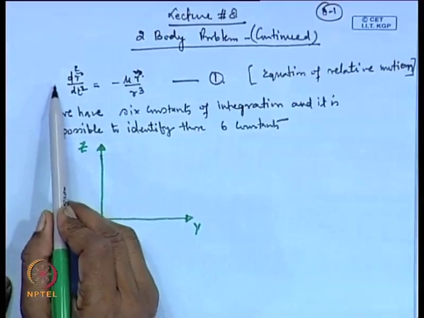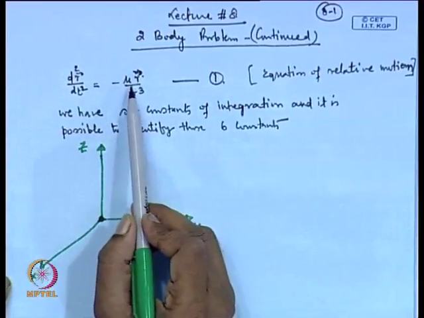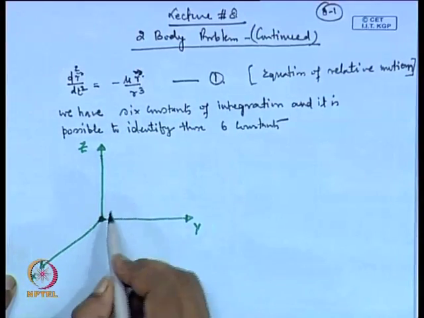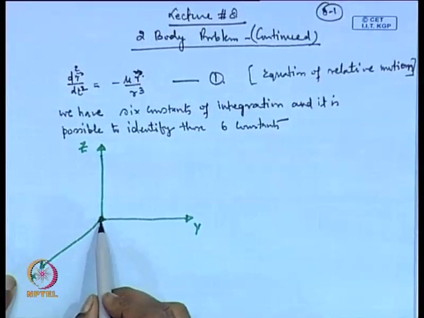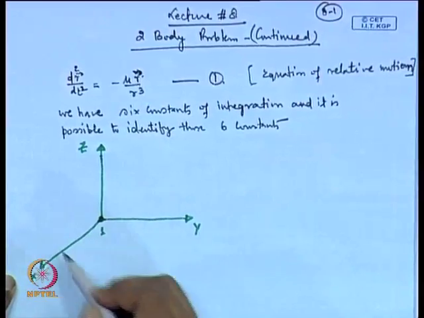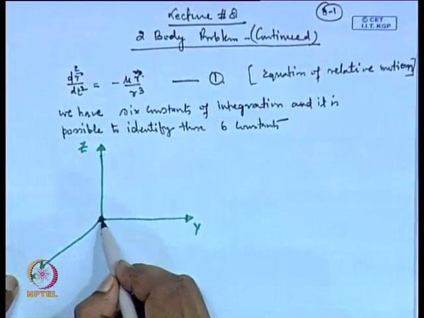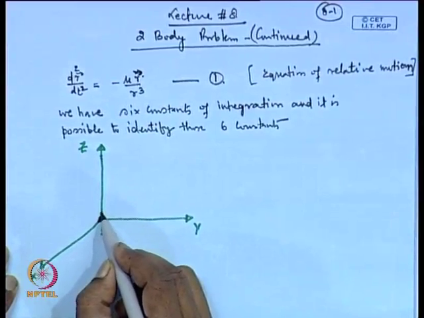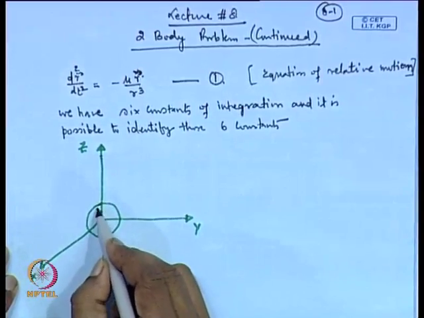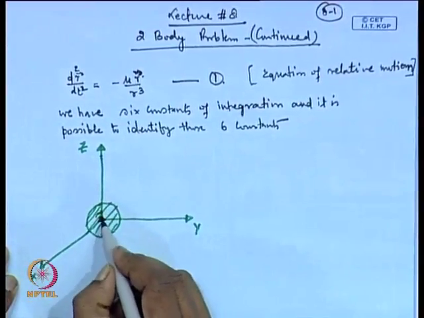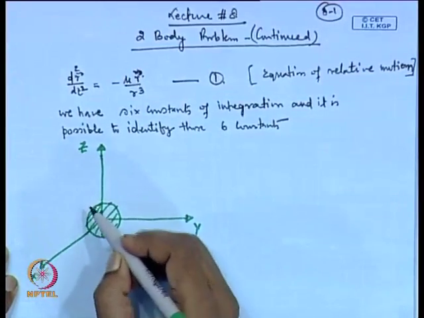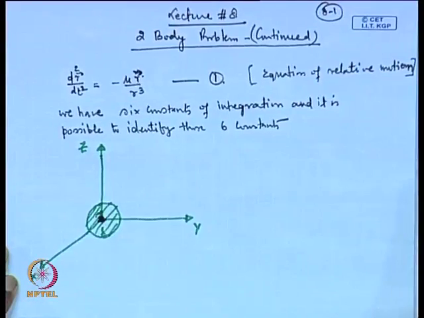If we multiply the left hand side by m 2, we get the equation of motion of particle 2 with respect to 1. So, we consider particle 1 to be at the center of this inertial reference frame and the second particle is moving. Let us say this is the main particle present at the center. So, we have the earth in this case, at whose center this reference frame is fixed, and about this our satellite moves in an orbit.